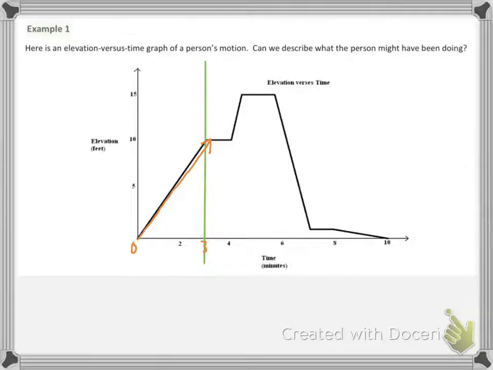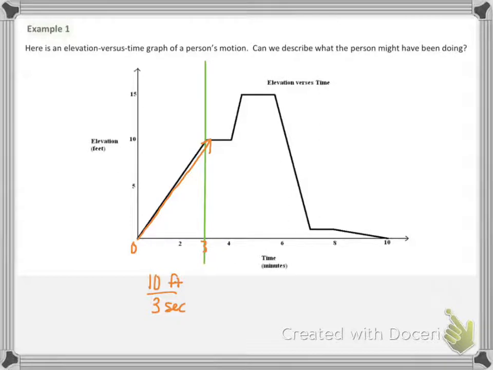So we can actually talk about that rate of change, which is 10 feet in 3 seconds. And isn't that slope? That's the change in y over the change in x. So the slope of that line we could call 10/3.